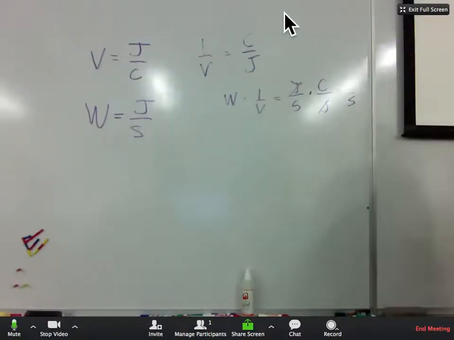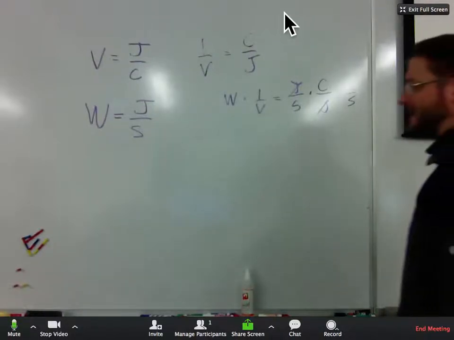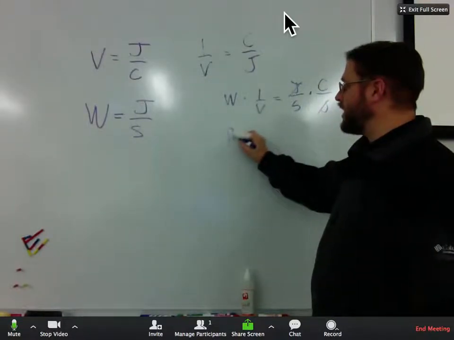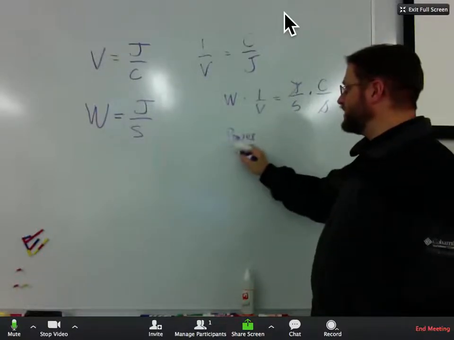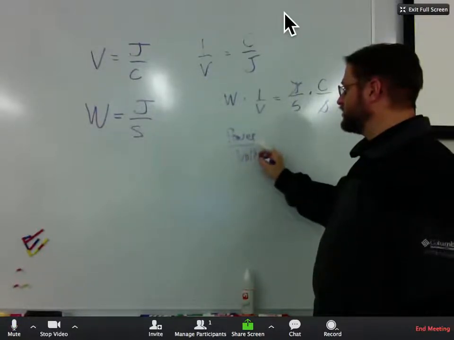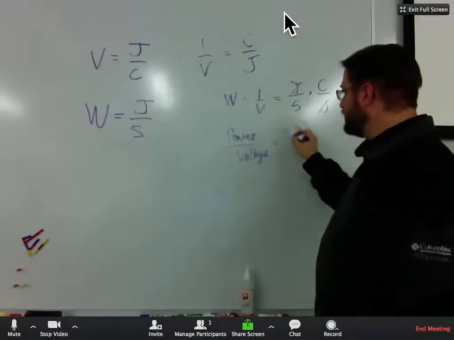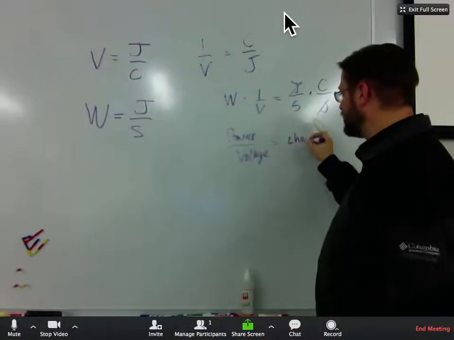And then we can figure out how many electrons are going through because we know how many coulombs each electron is. Right? So we call this dimensional analysis, where we look at the dimensions of the units of our different things that we know and figure out how we're going to have to multiply or divide things to get our answer. In this case, we need to take power, which is in watts, and divide by voltage, which is in volts, and that is going to equal the charge moved.